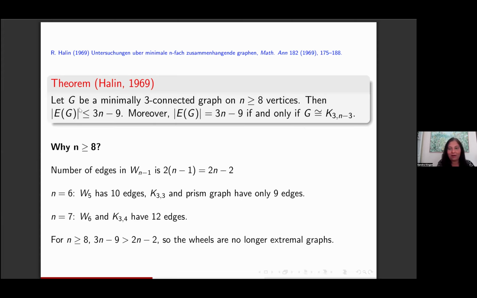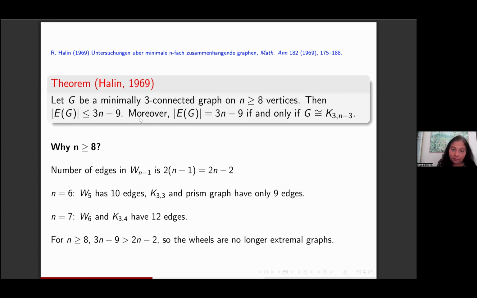So let's talk about it a little bit. Let G be a minimally 3-connected graph. A very simple argument gives that E of G is less than or equal to 3n minus 9. This result is also in Bollobás's extremal graph theory, and a result like that holds for minimally k-connected too. So it can be generalized nicely.